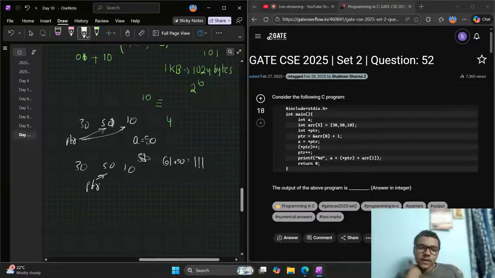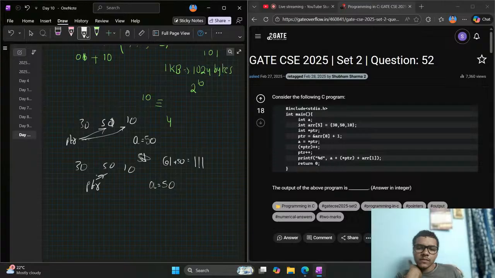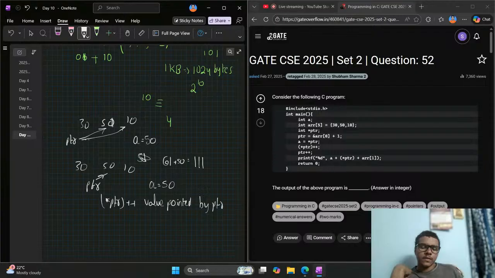This is where currently the pointer is, and now A is equal to 50, and pointer plus plus means the value pointed to by PTR is incremented.